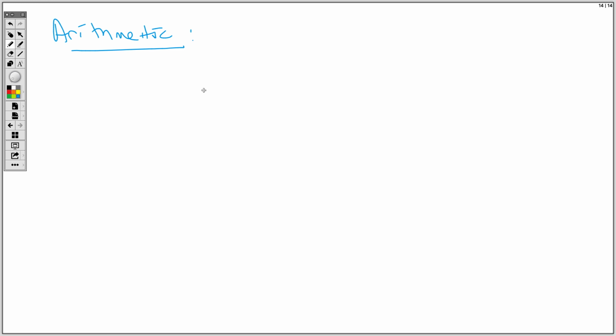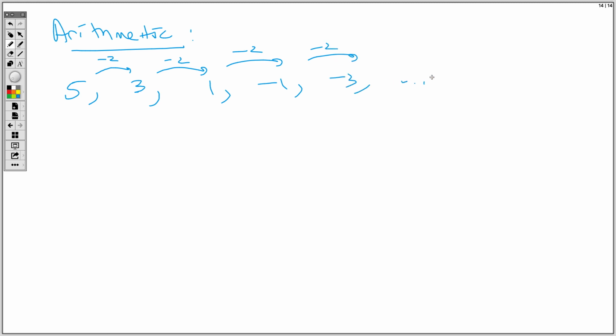The way you go from one to the next is you're always adding or subtracting the same number. So if we start off with a number, let's say 5, and we're always going to subtract 2, this would be an arithmetic sequence because we're always adding, in this case, -2 to go from one to the next.